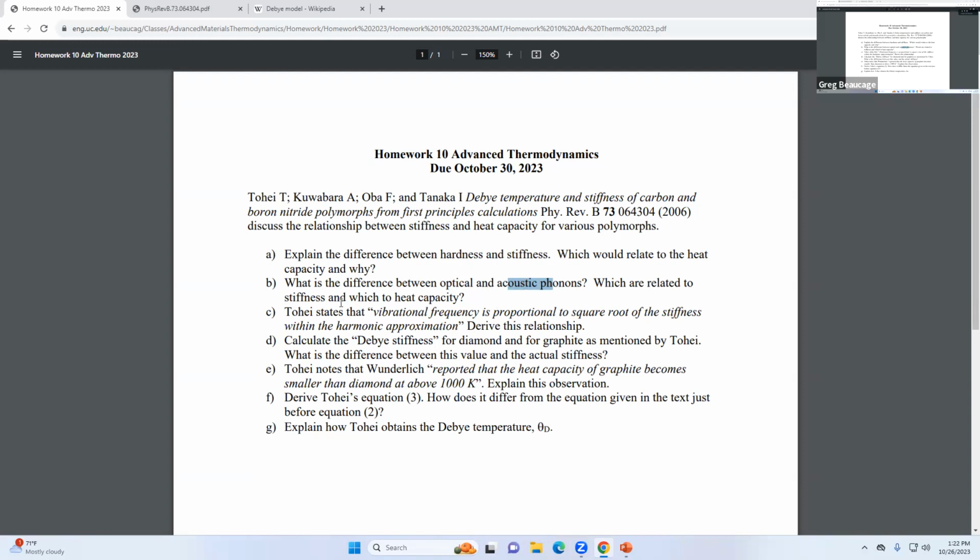And only the acoustic relates to the stiffness, right? Because the optical isn't going to make any difference for stiffness; acoustic is mechanical and optical isn't. So you're not going to get a modulus from an optical part of the heat capacity. So heat capacity takes both optical and acoustic. Stiffness is just acoustic. That's the bottom line.